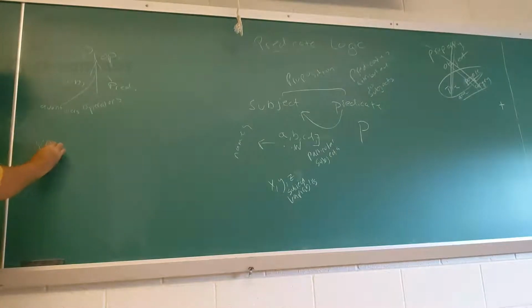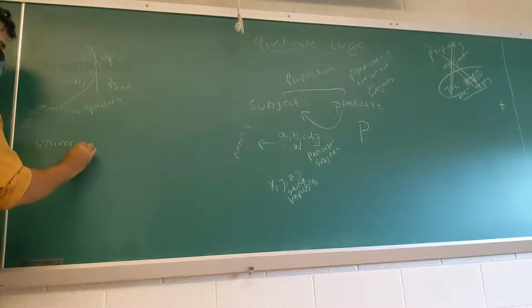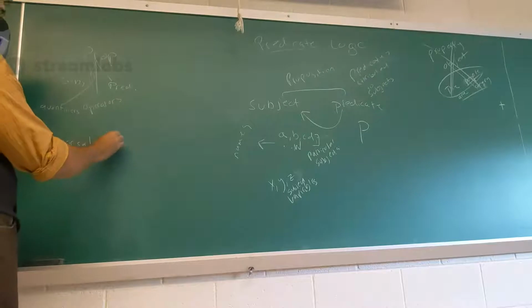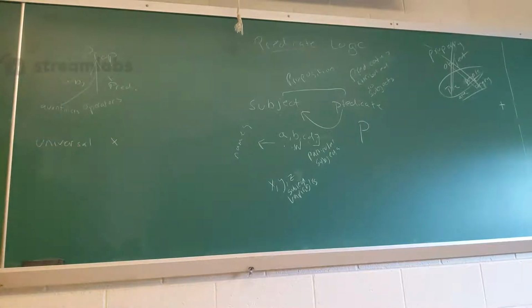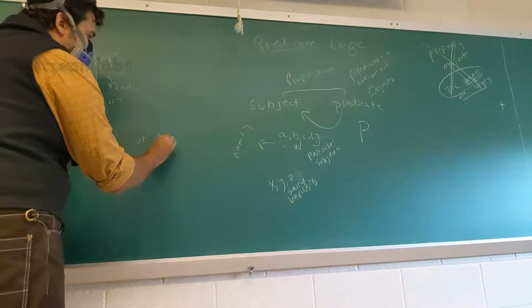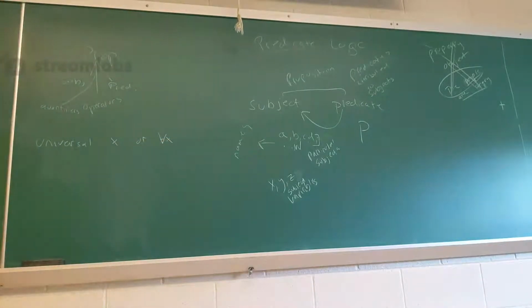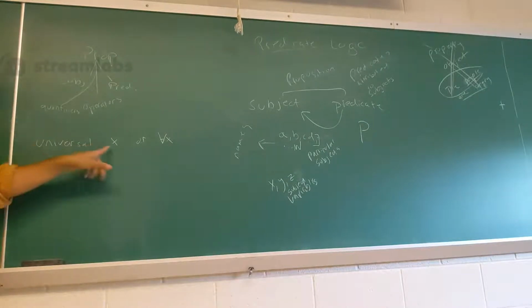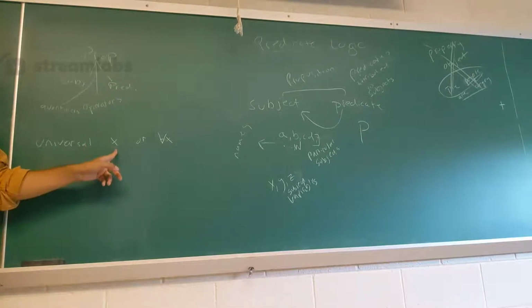We're going to have a universal quantifier, which is written in this book as (x), or as an upside down A with an X. That universal quantifier says everything that is an X. So for any object X, does that make sense?